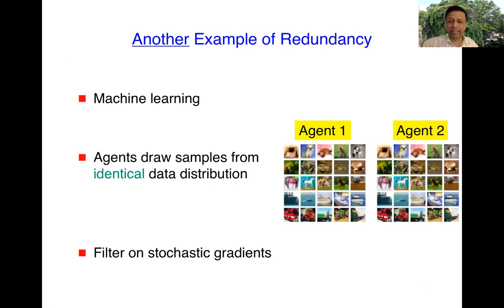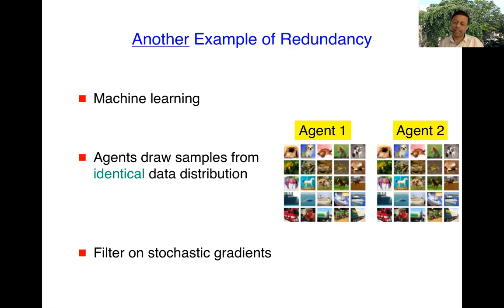If you take an extreme case of this, then all the agents have the same data, or more generally, when they draw samples of the data, they draw from an identical distribution. Each agent, if you pick a random data item, it will be drawn from the same distribution. So in effect, you have full replication.